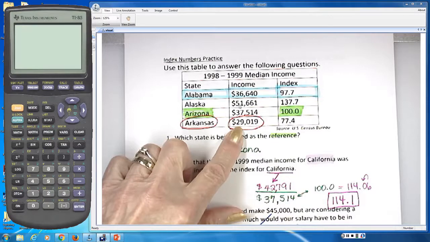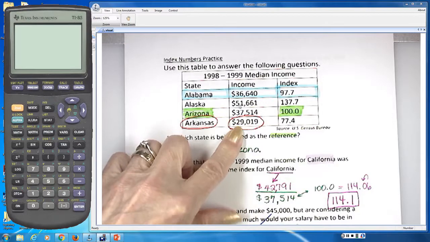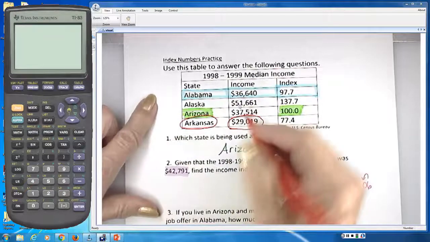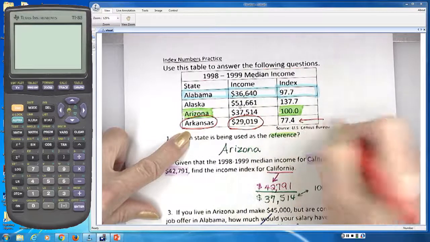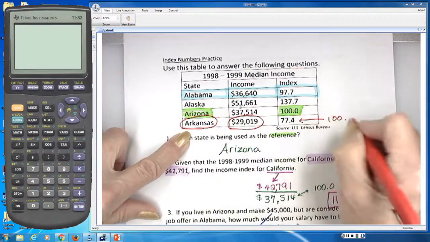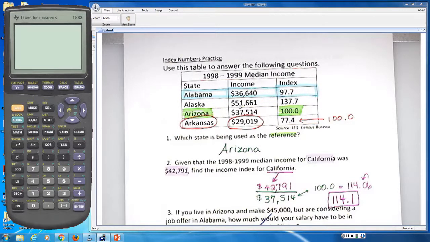Okay, there's your 100%. Okay? So we're gonna use them as the reference value. In other words, we have to make them the 100. Okay?